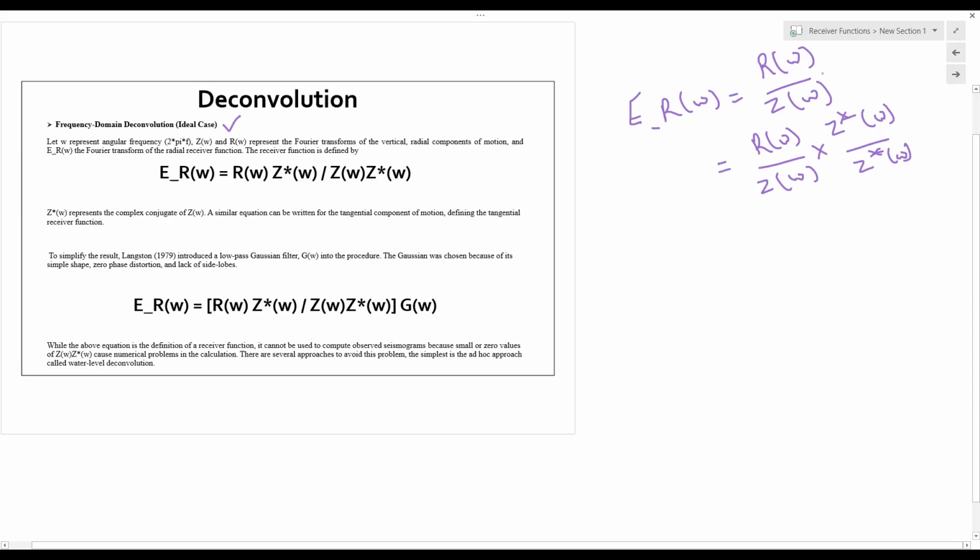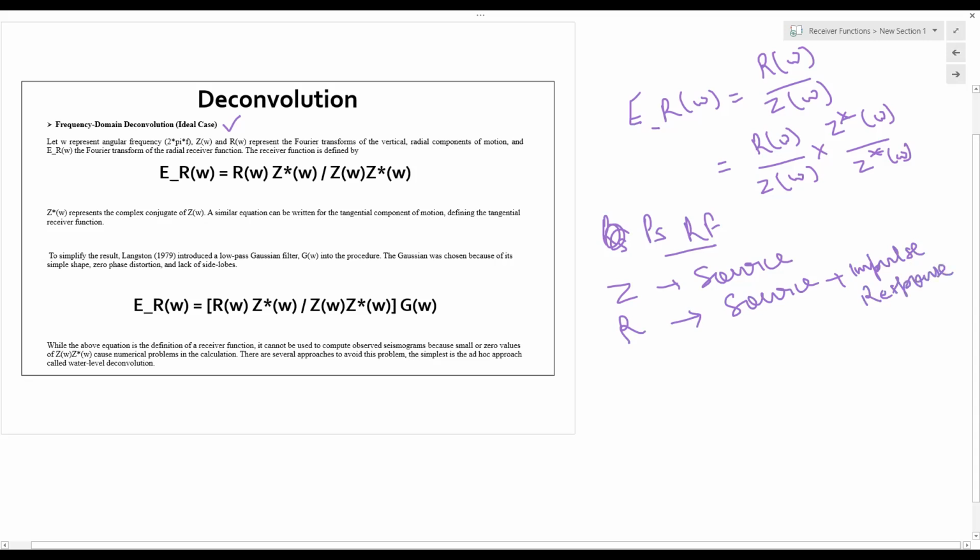The assumption is that in the case of PS receiver functions, the vertical component contains the information about the source, and the radial component contains the information about the source plus the reflectivity series, or the impulse response of the earth structure.